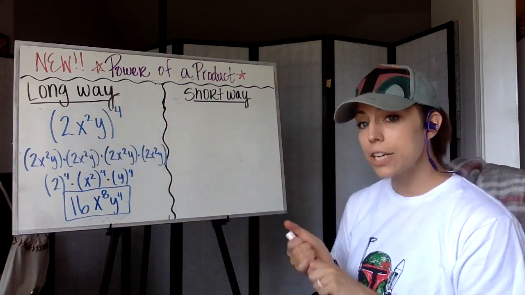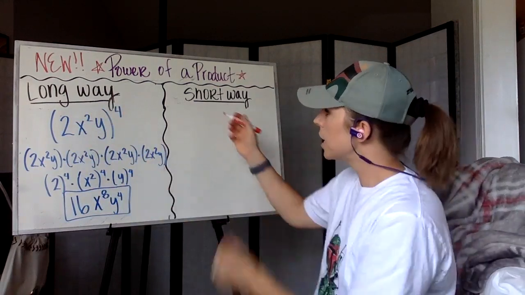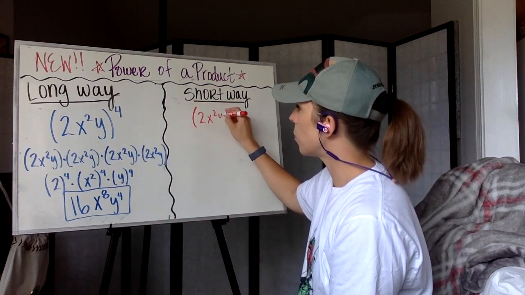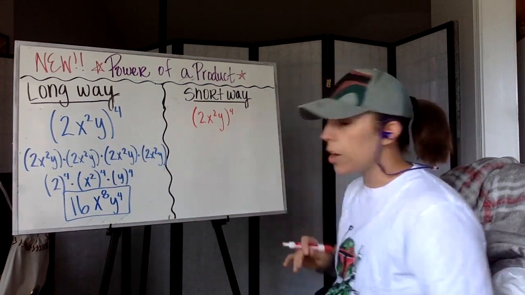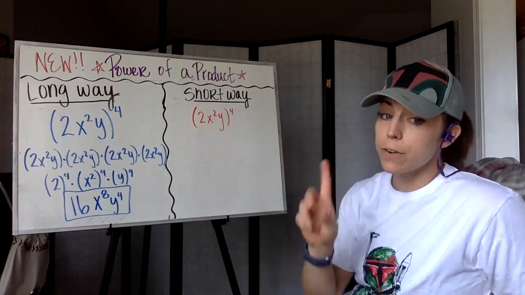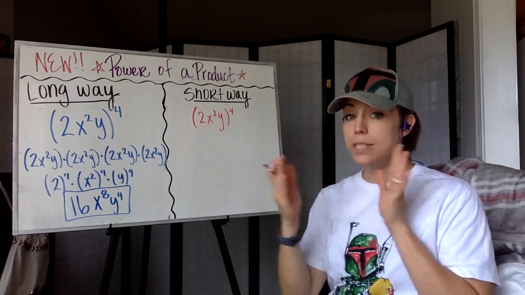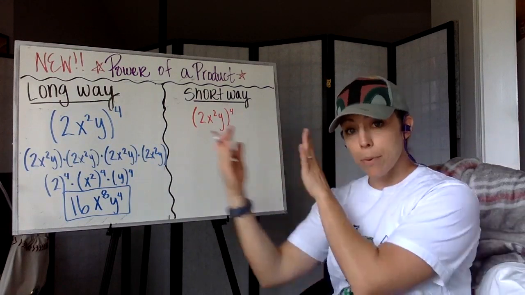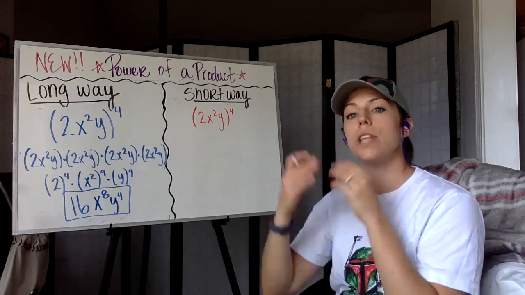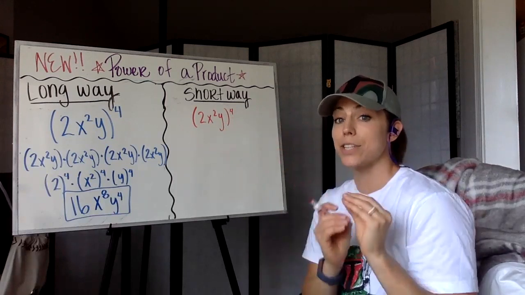Now there is actually a shorter way to do this. The short way, (2x squared y) to the power of 4, looks like this. Anytime you're dealing with a product, my first recommendation is put some space in there. Separate those factors. Put in multiplication symbols so that you remember that each of these stand on their own.